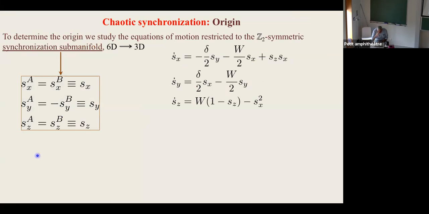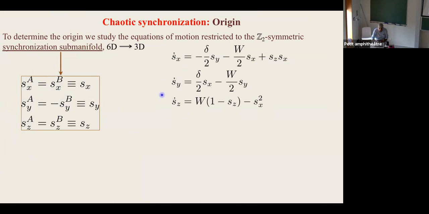Now to understand what's going on, let's project our equations of motion onto the synchronization manifold, meaning that we impose Z2 symmetry. We say our trajectory is Z2 symmetric.